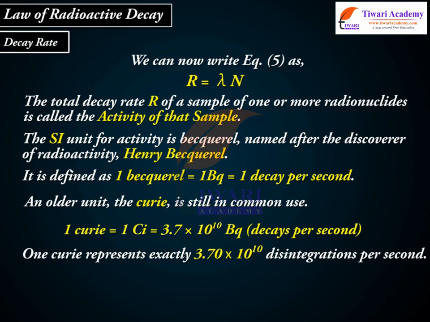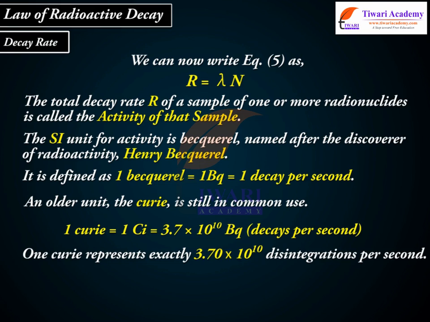Half-life. Half-life is the time at which both N and R have been reduced to 1/2 their initial values. N(t) is equal to N naught e raised to power minus lambda t.